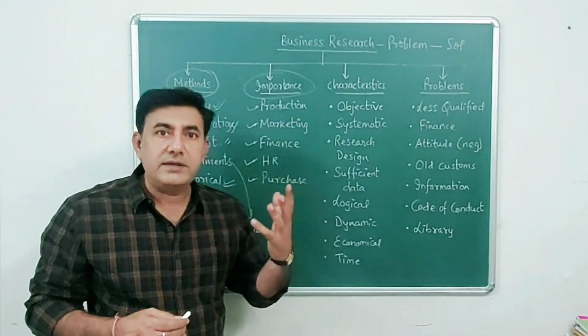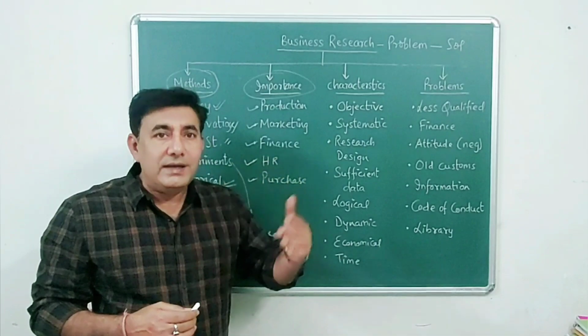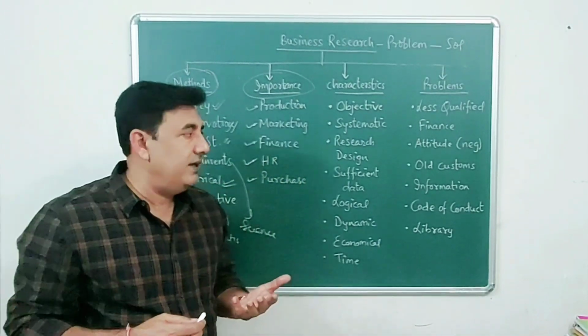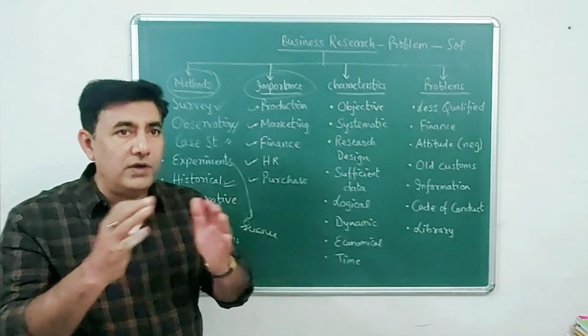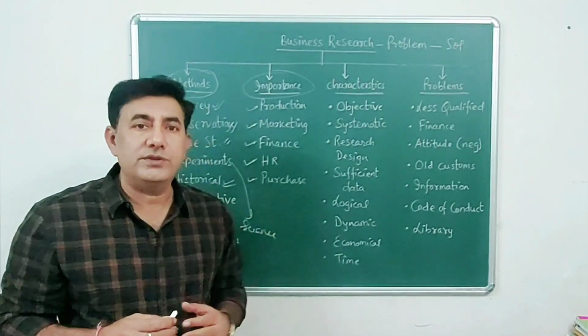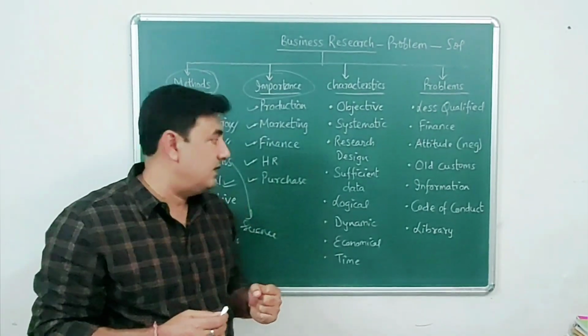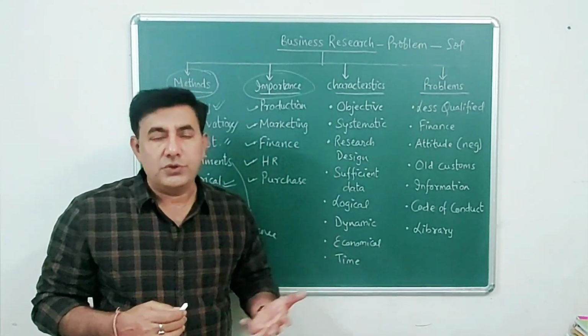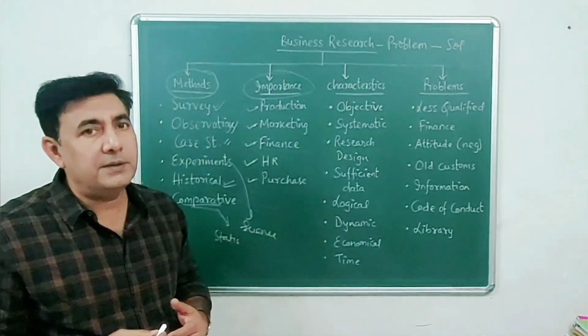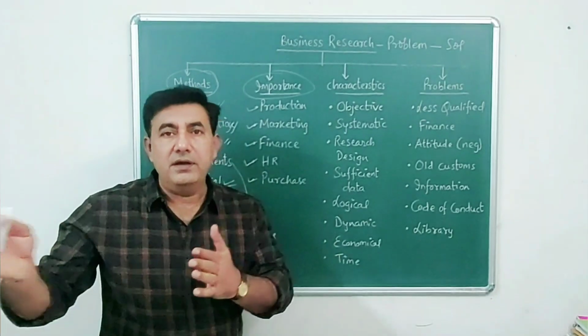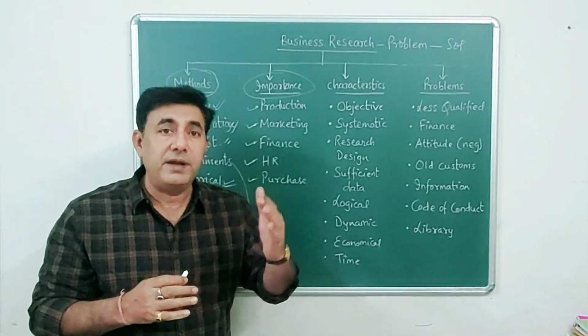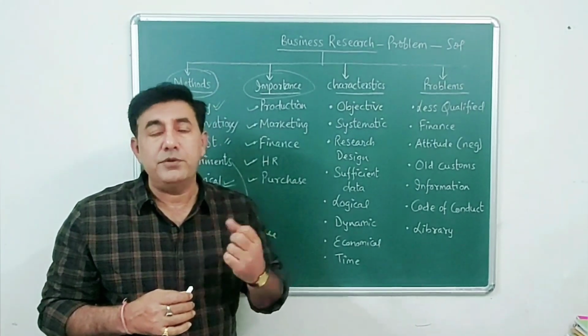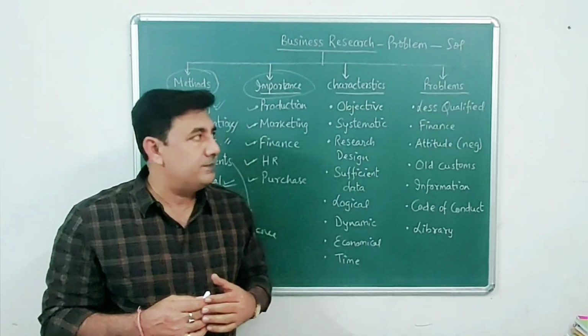Marketing looks at the styles of marketing, how we can increase or modernize the techniques. Finance looks for the cheapest sources from where we can get funds. HR asks how we can develop our employees. And lastly, the purchase department searches for probable suppliers from where we can get cheap raw materials or goods.